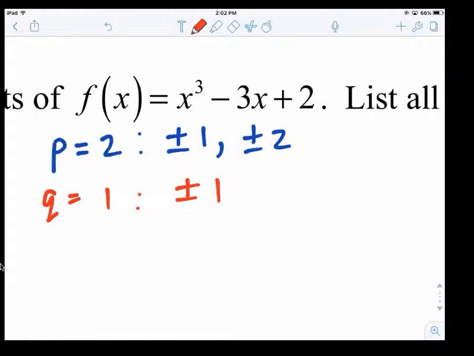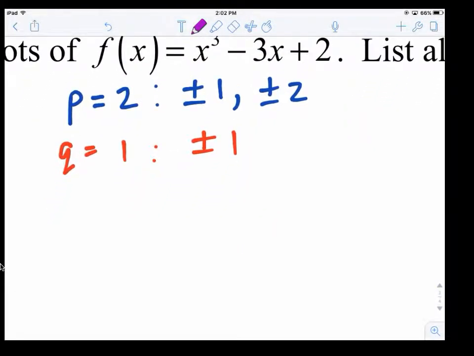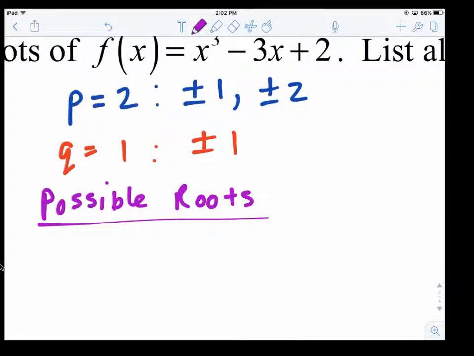So all your roots are going to be p divided by q. So you're going to have 1 over 1, which is 1, and then you have 2 over 1, which is 2.